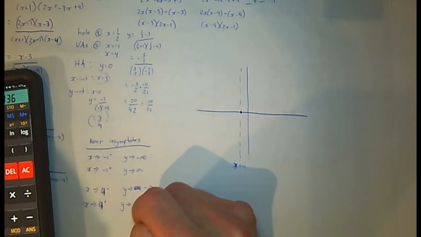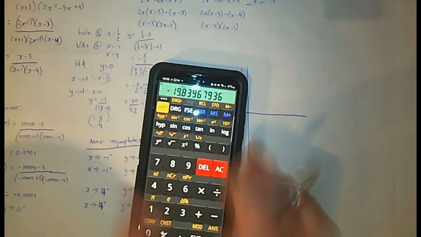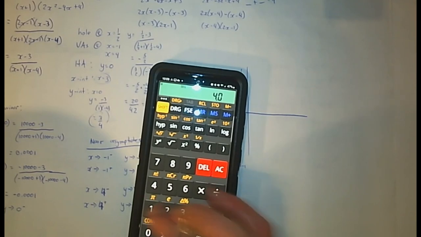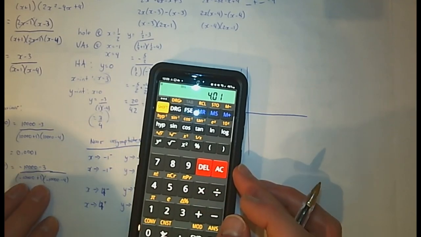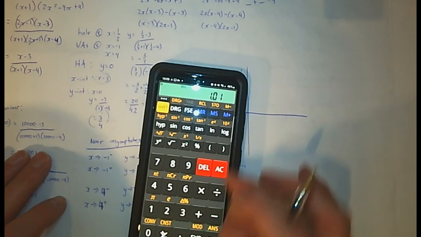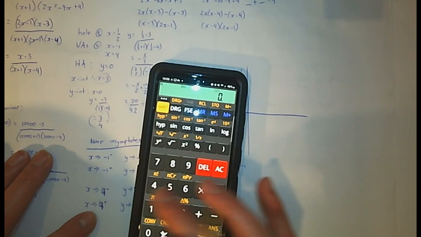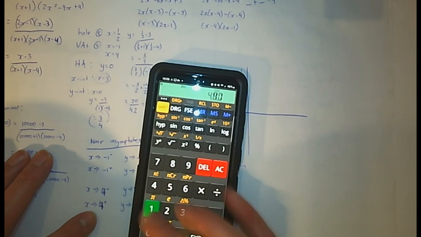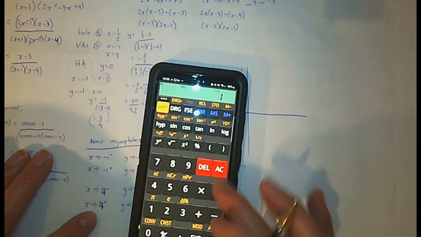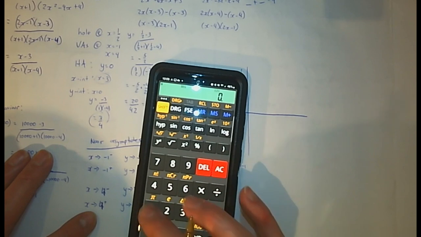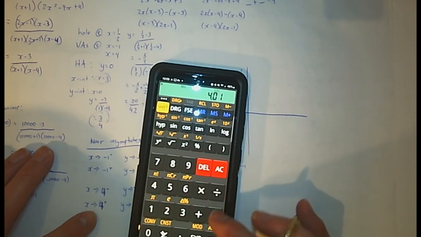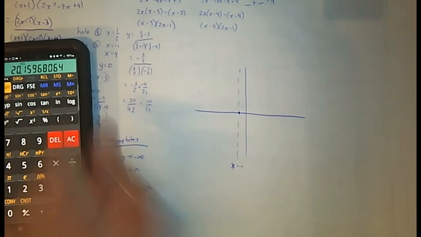Cool. And then for this one we test 4.01. 4.01 minus 3, that's our numerator, divided by 4.01 plus 1 times 4.01 minus 4, which equals a positive number, so that's positive infinity.